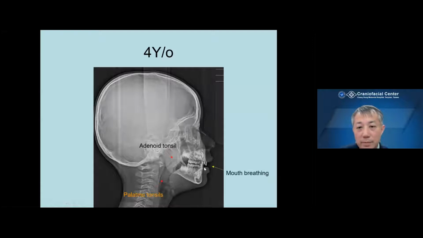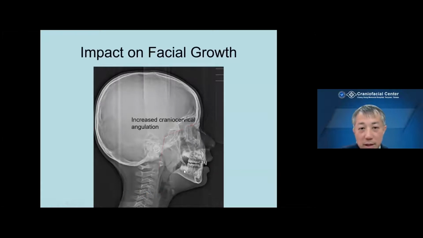So what would happen when a patient has this type of facial growth? The craniocervical angulation will increase, with overjet and a high mandibular plane, and especially the hyoid position will be relatively low compared to the mandibular plane.